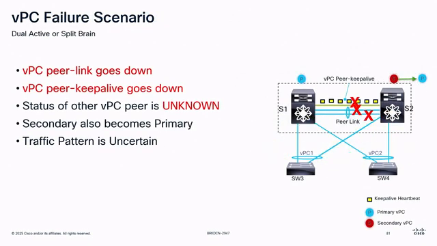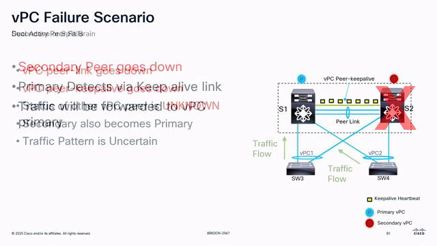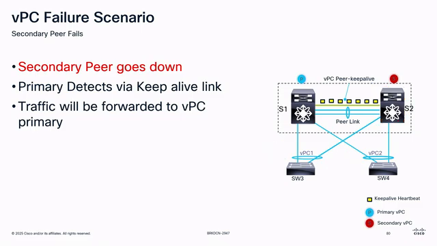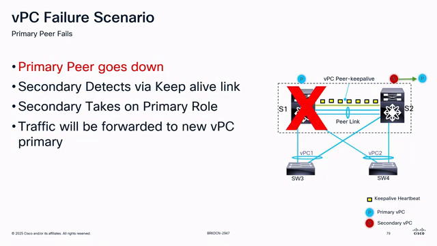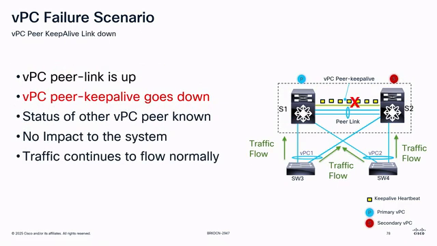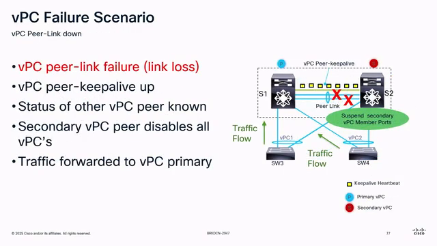Which scenario is it? This one? Sorry, I'm going back through many. That's okay. Are you talking about this one or the one before that? Okay, this is a peer link down. Yeah, this is a peer link down. So, peer link failure, link loss between the two.